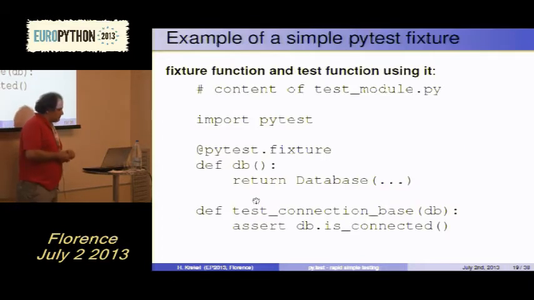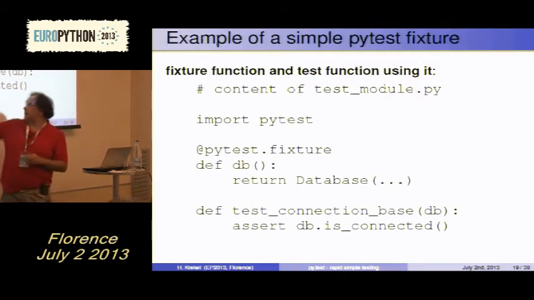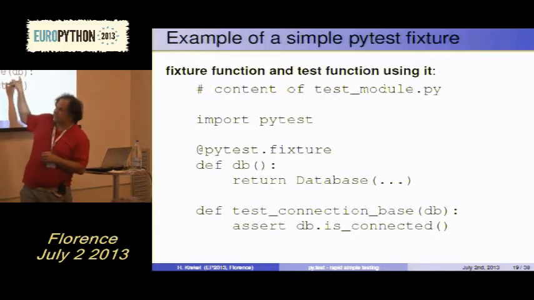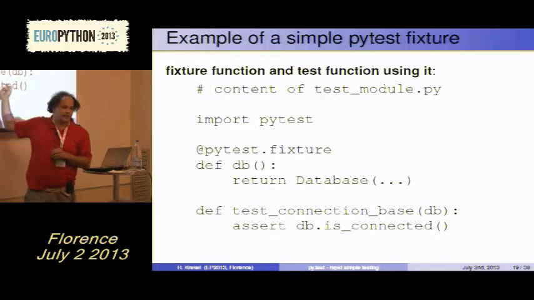That looks like this. The test function that you see here, it requires a DB object. And that's a fixture. And when PyTest actually wants to execute this, it looks, is there a function registered that can provide me this fixture?